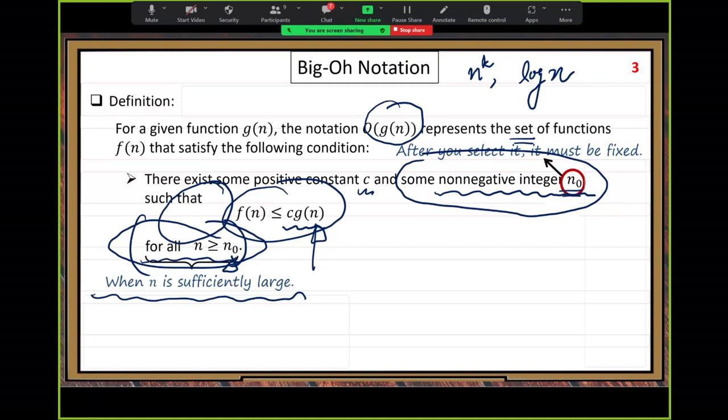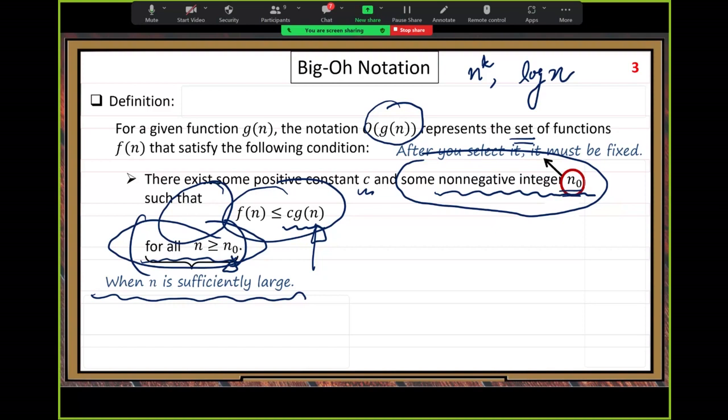Otherwise, people may argue how large is sufficiently large, right? It's subjective, not objective. For some questions, probably 1 is sufficiently large.